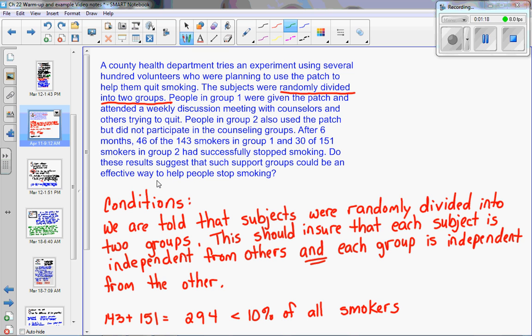If the question had said, do these results suggest that the support groups show a difference from the group with the patch alone, then I would do a not equal to test. So it really does depend on the type of question that's asked.